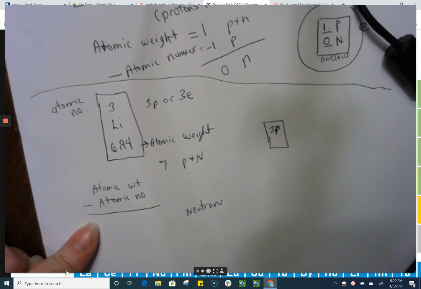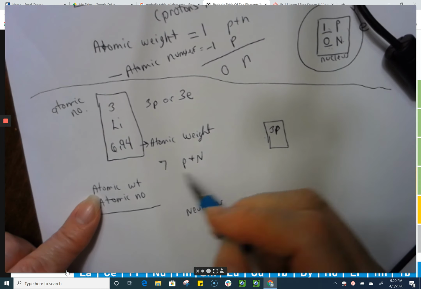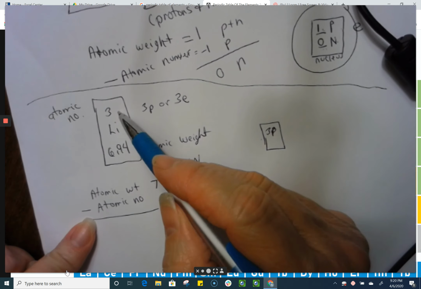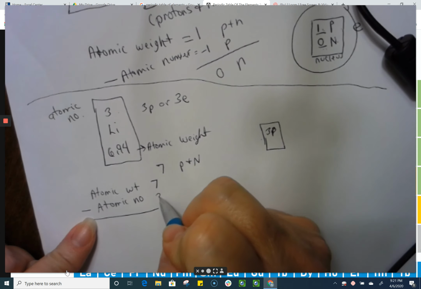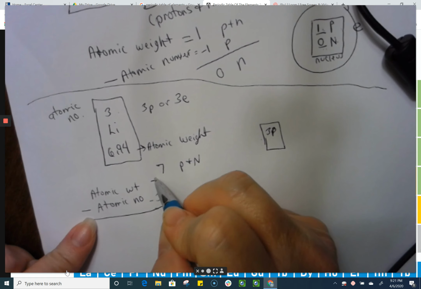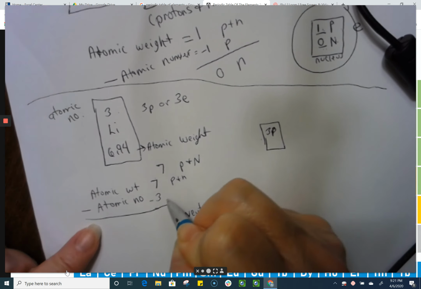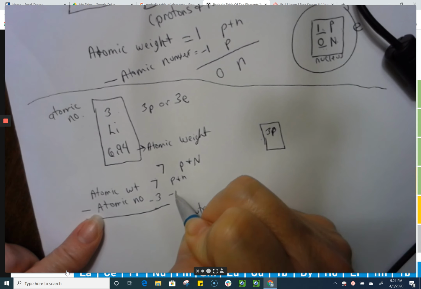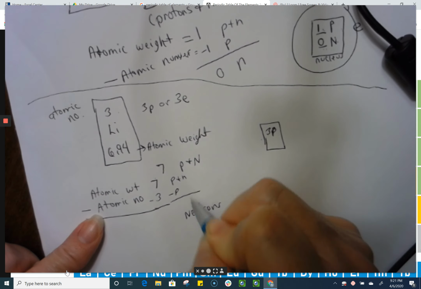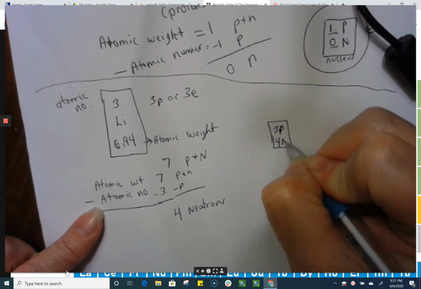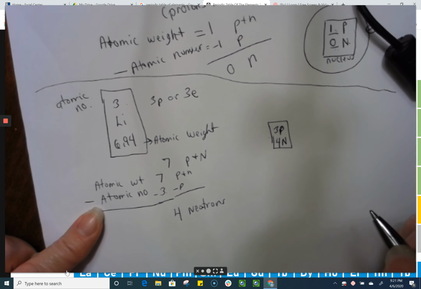My atomic weight here, rounded, is 7. My atomic number is 3. So 7, which is the combination of protons and neutrons, minus the protons leaves you with the neutrons. So 7 minus 3 means that lithium is going to have 4 neutrons in the nucleus.